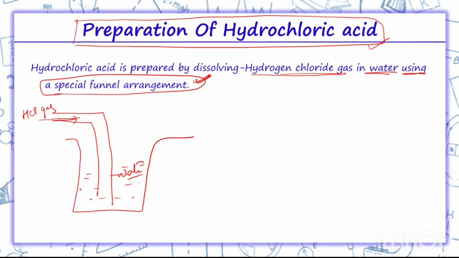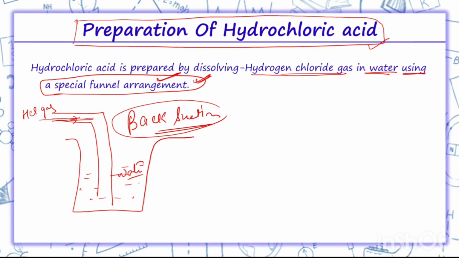Now if direct absorption of HCl gas in water is done using delivery tube, it causes back suction. So to avoid this back suction, we use special funnel arrangement. Now what is this back suction? See, HCl gas is extremely soluble in water.